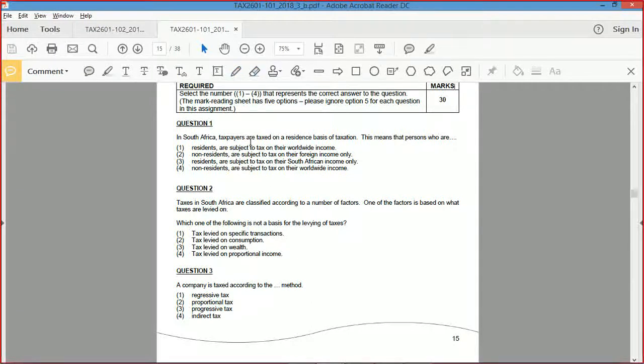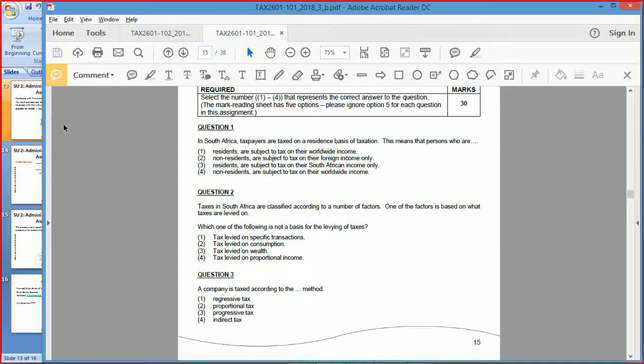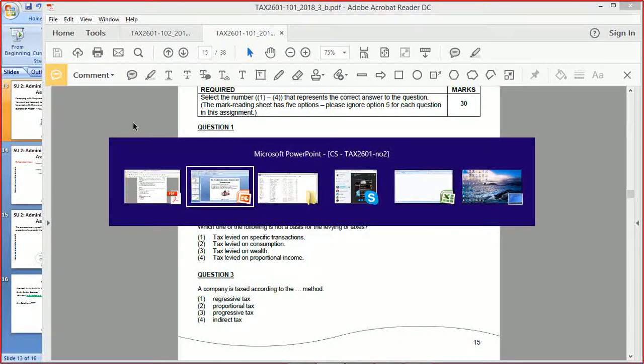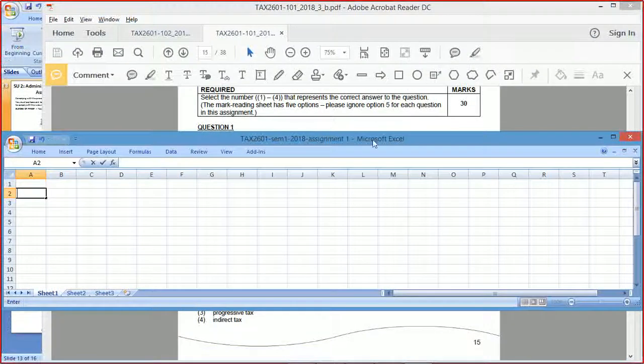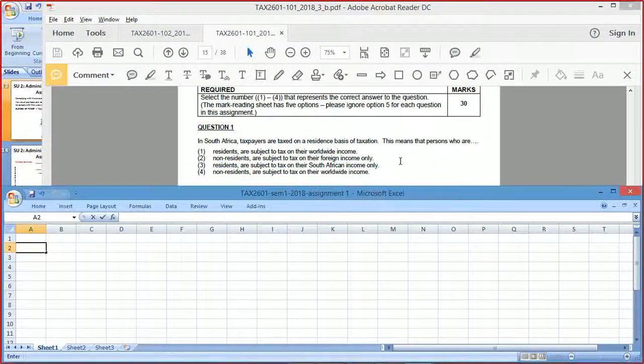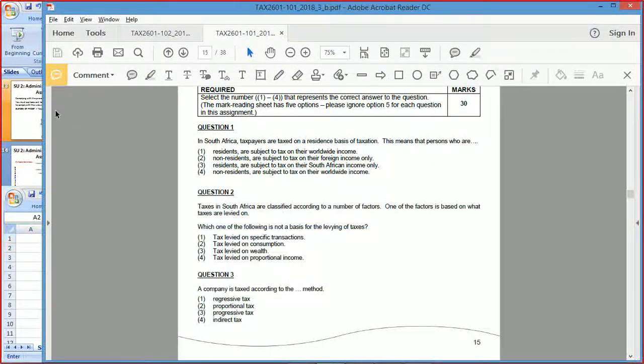It's fine. Okay. Question 1. In South Africa, taxpayers are taxed on a residence-based tax. We spoke about this last week. Do you remember what that involves? That residents are supposed to pay income on their worldwide earnings or from their worldwide source. Exactly. Good.